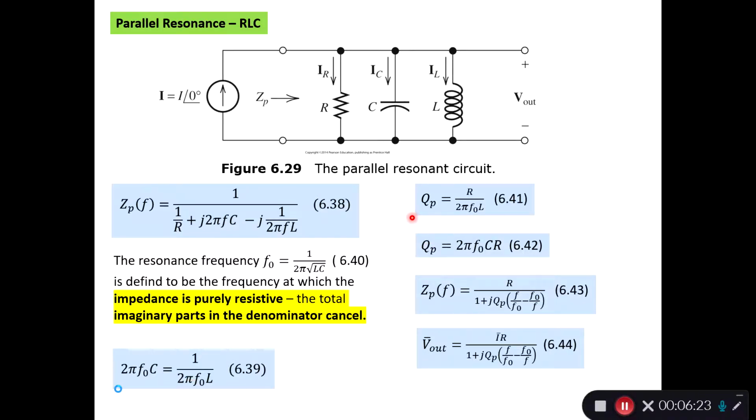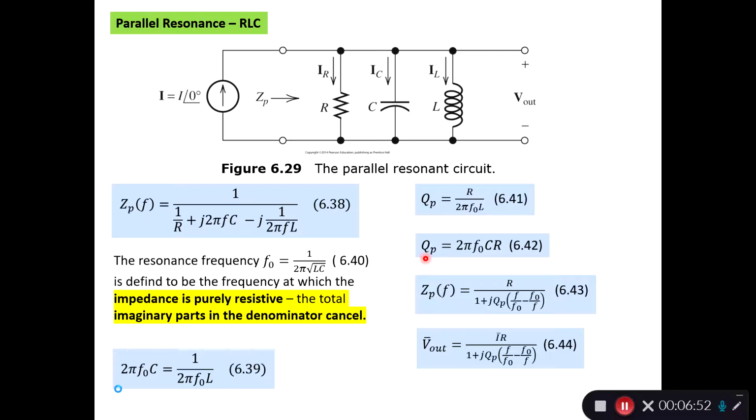Another thing we need to know is the quality factor for the parallel resonance circuit. In relationship to the resistor, the inductor quality factor is the resistance over the inductor equation.